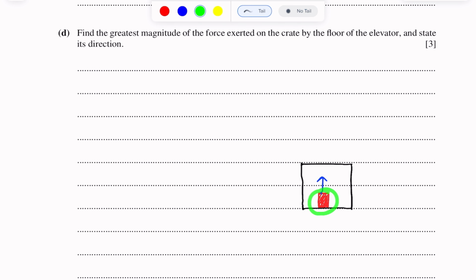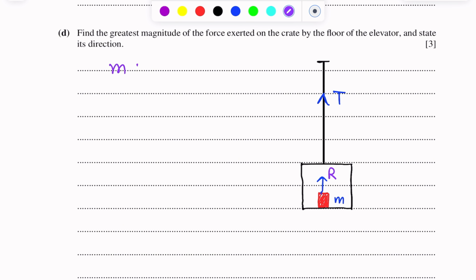Weight of this crate will be vertically downward and reaction will be upward. This is a crate of mass m and reaction is R. Cable tension. Now m we have already found: the mass of the crate is 50 kg.